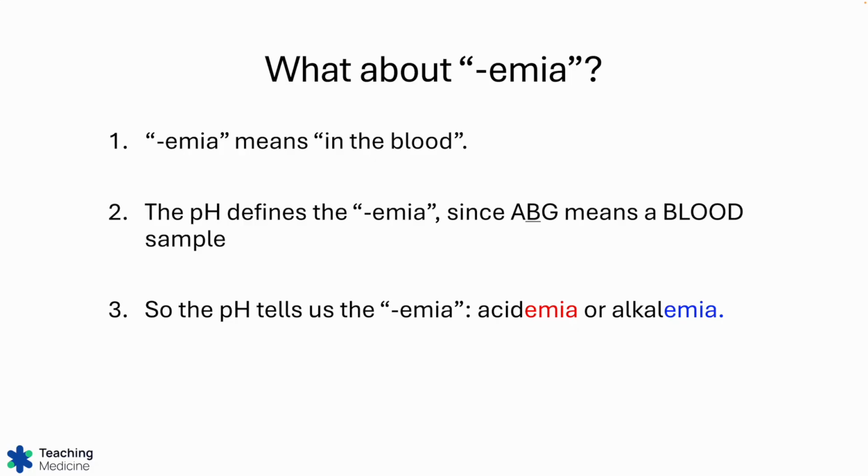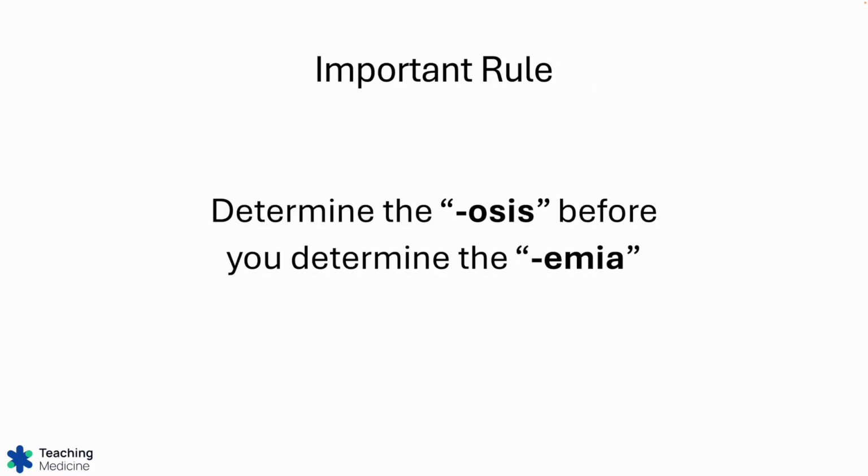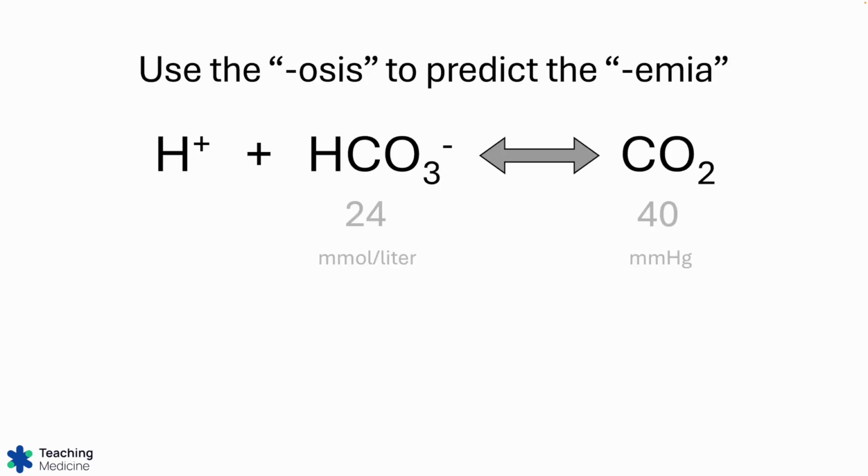So the pH tells us the emia, while the bicarb and the CO2 are going to tell us the osis. And a very important rule, you need to determine the osis before you determine the emia. So you're going to analyze the bicarb and the CO2 before you analyze the pH.